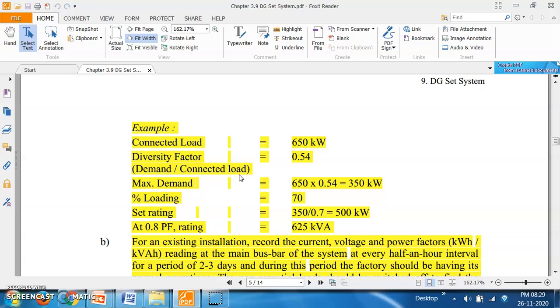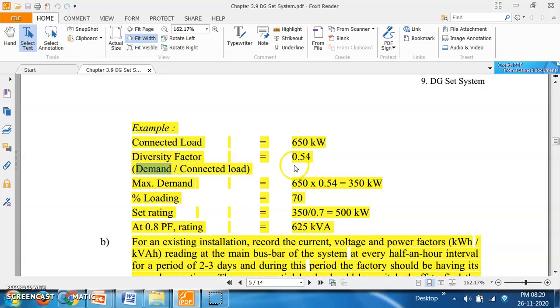At any cost, you may not run all the connected loads, whereas the combination of 2 fans and 1 tube light is a higher demand, and that demand is nothing but the maximum demand, or demand divided by connected load. So your maximum demand is equal to 650 into 0.54.